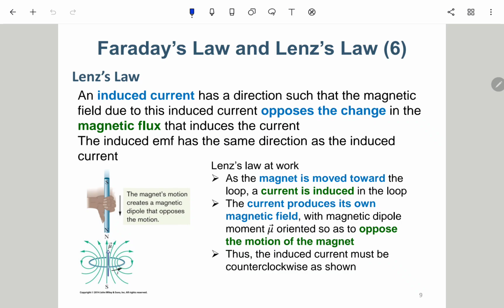Okay, so after having a sample problem to get some idea of what is meant by the induced EMF or induced current, here we try to explain Lenz's law. How do we use it to determine the direction of the EMF?